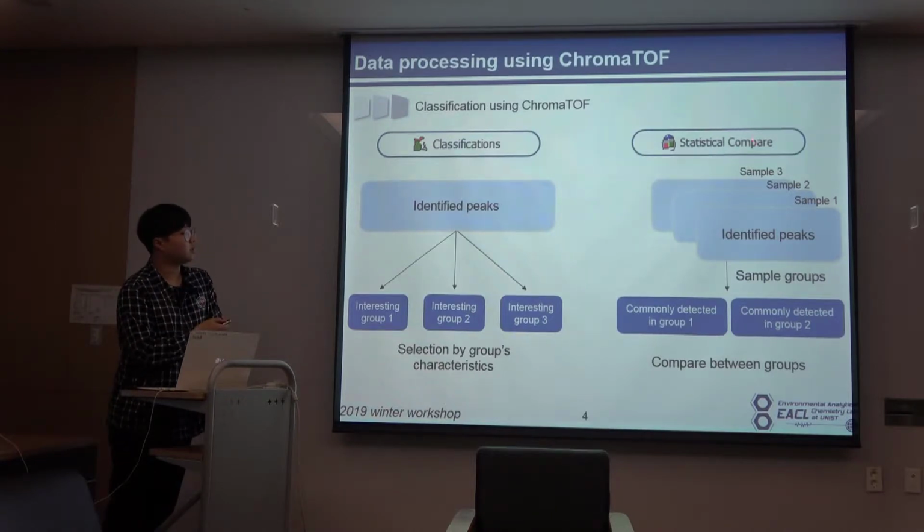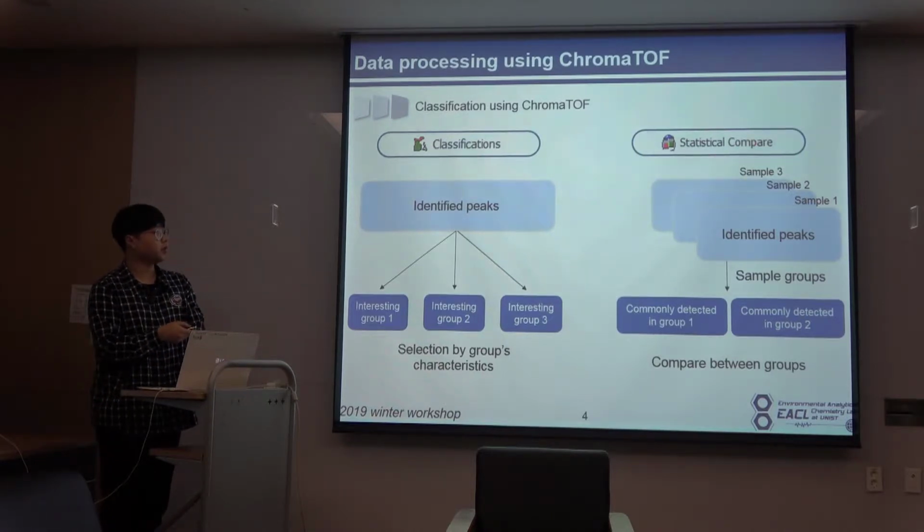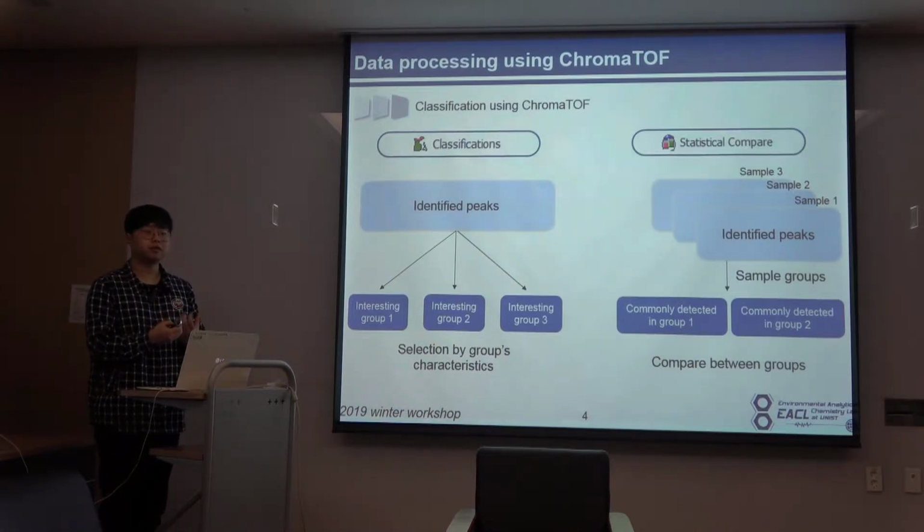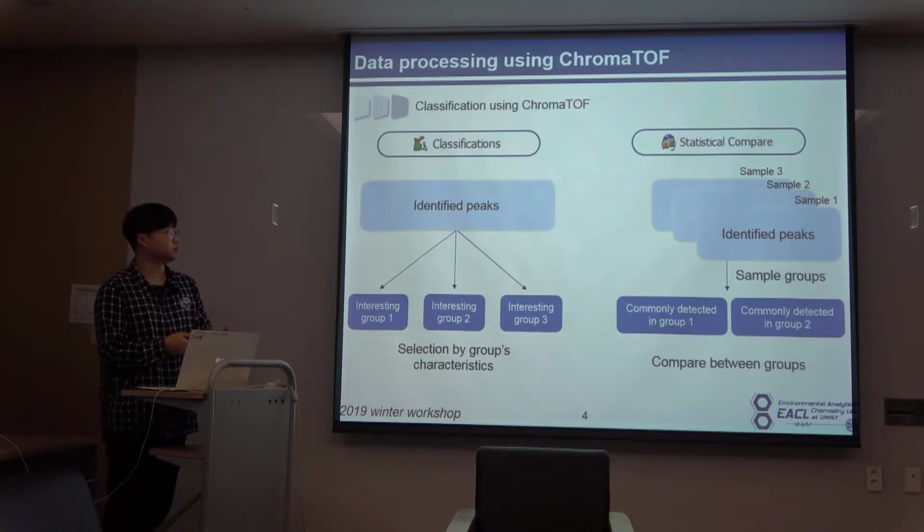Otherwise, the statistical compare is a comparison between samples. We analyze many samples, and we can divide them based on sample characteristics such as industrial or rural area, and we get the commonly detected compounds in the same sampling group.